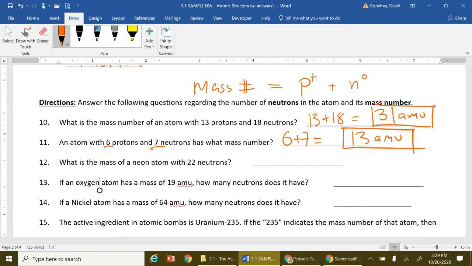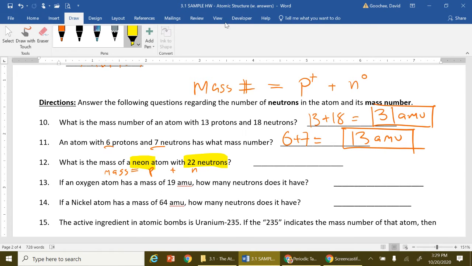Okay, great. What is the mass of a neon atom with 22 neutrons? Well, once again, we know that the mass equals the protons plus the neutrons. We know the neutrons are 22, but we don't know the number of protons, or do we? Because we know that it is neon.